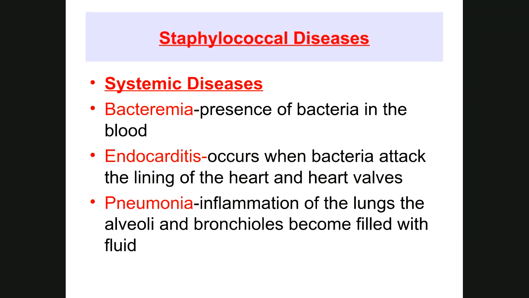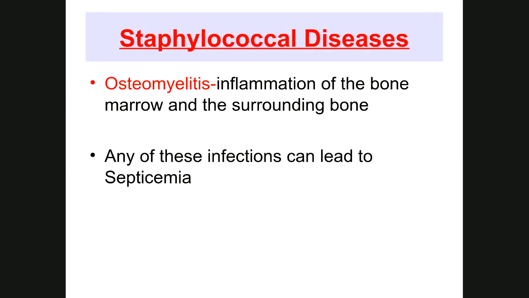Other systemic infections: bacteremia, endocarditis, pneumonia. Bacteremia means bacteria in the blood. Endocarditis is an infection of the lining of the heart, including the valves. Osteomyelitis, especially sometimes in children.